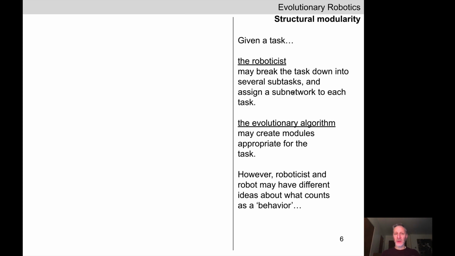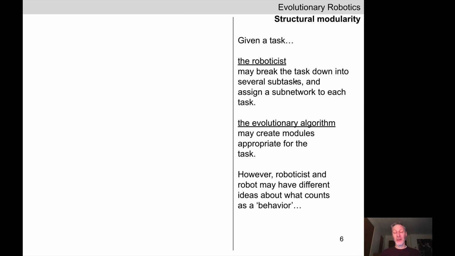And if the robot is able to juggle these k different subtasks and execute them in the right place at the right time, the robot will end up performing whatever the overall task is that we want it to perform correctly. Sometimes that's a better way to go than just sort of create a fitness function that selects for a very complicated task without breaking it down into subtasks and hope for the best.